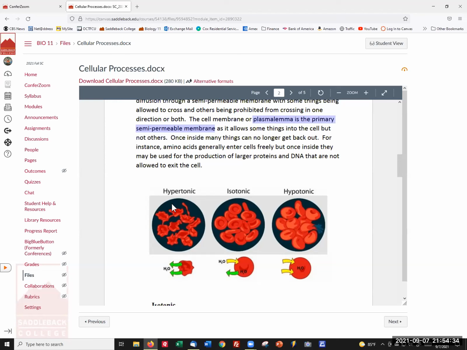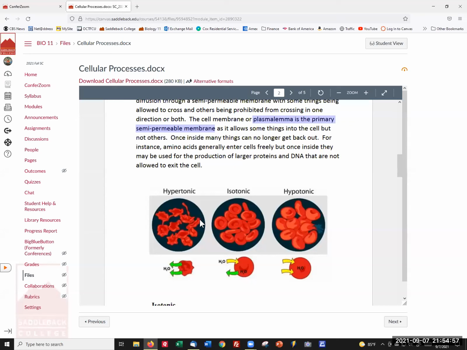It's possible also that you have a hypertonic solution. Hyper, high, tonic, strength, more solute out here. In other words, add salt to the mixture. And literally think of taking a salt shaker and shaking it.